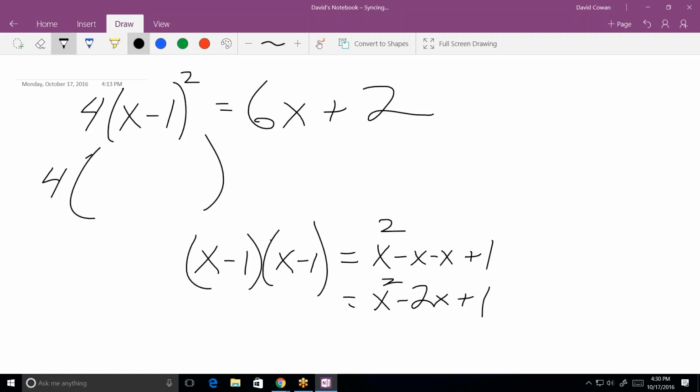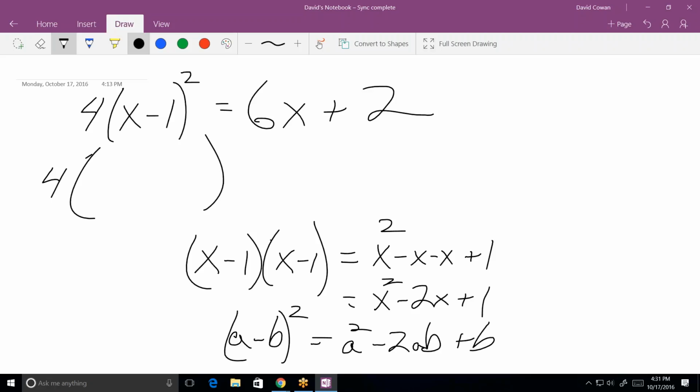Okay? Now, it's actually a really good idea if you figure out how to square things without having to FOIL them. In other words, a minus b quantity squared is always a squared minus 2ab plus b squared.